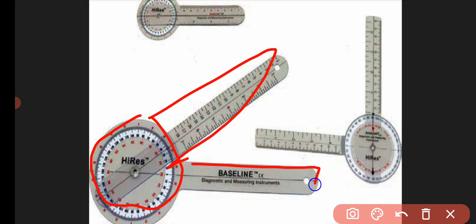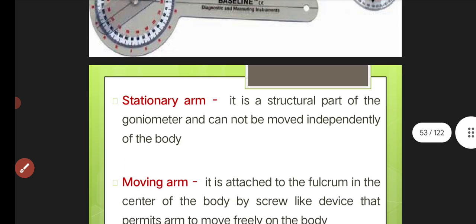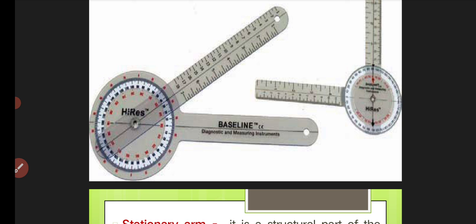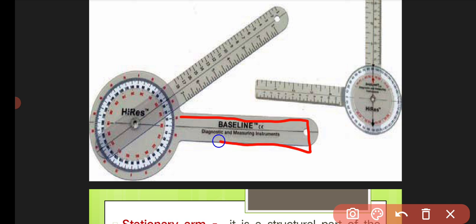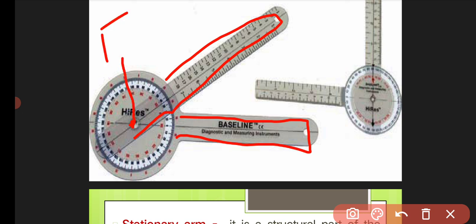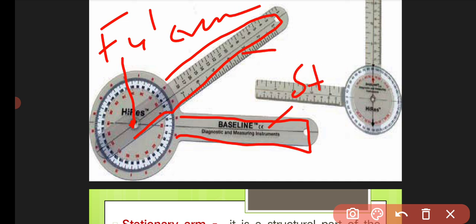This is the stationary arm, the fixed arm. This is the movable arm, and this one is the fulcrum.